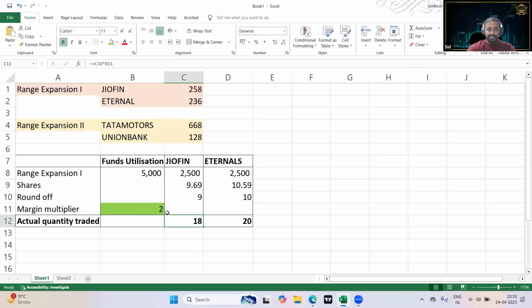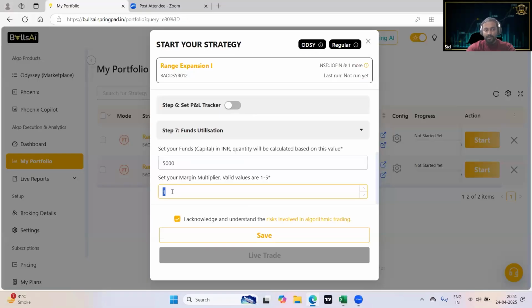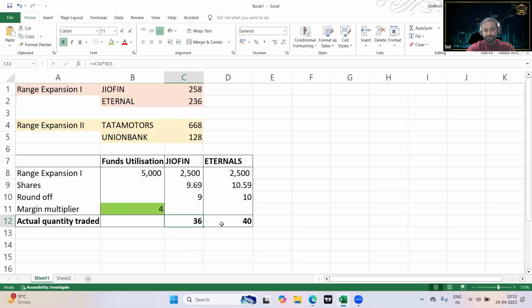So if normally you could only buy 9 shares, because of the margin benefit that brokers give you, instead of 9 you will be buying 18 shares. So if JIOFIN went up by 1 point, you will make 18 rupees. If it went down by 1 point, you will lose 18 rupees, because it gives you that leverage, that margin benefit. Similarly, you can select 3, you can select 4, whatever you want, and that many shares you will buy.